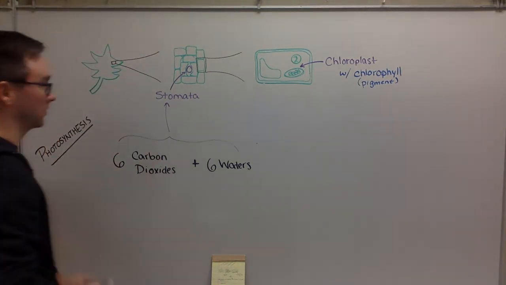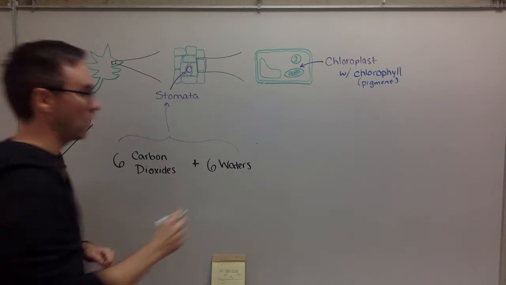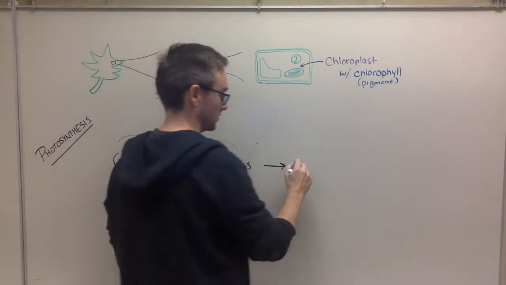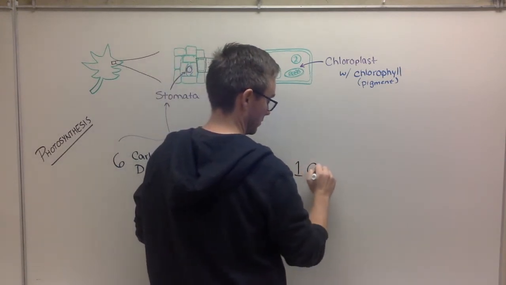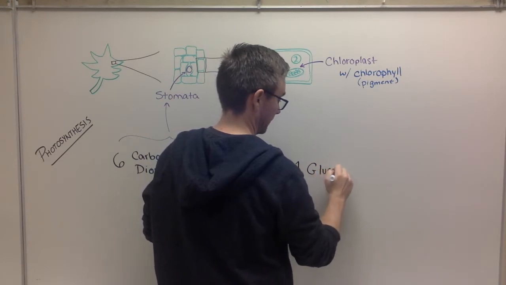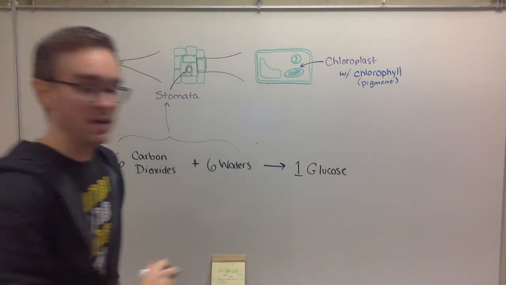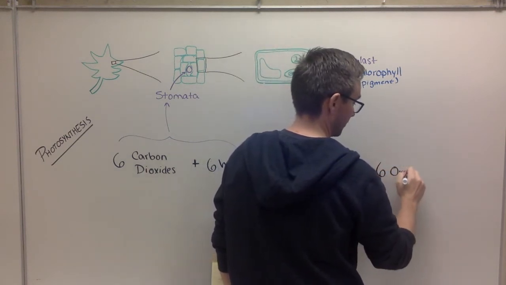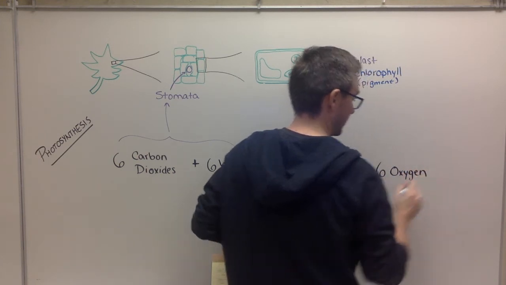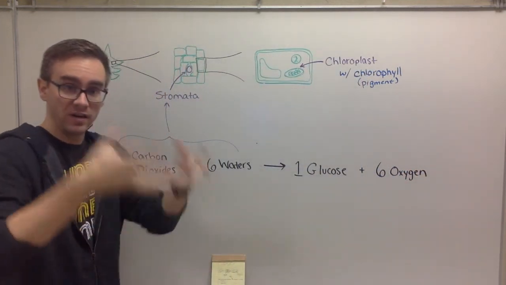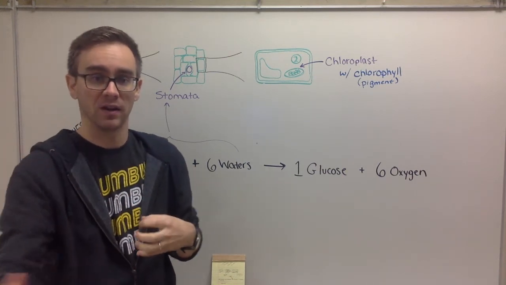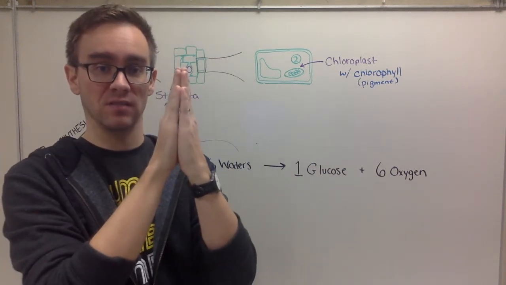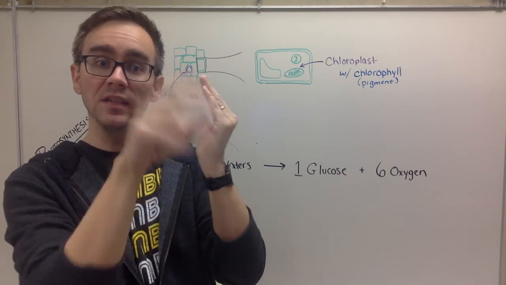So we have our reactants of carbon dioxide and waters to create, or yield, our products of 1 glucose and 6 oxygens. That's those leftovers. Now that oxygen can either be stored and used by that plant cell for the second half of this reaction called cellular respiration, or, depending on the stomata and the concentration, when that stoma opens, oxygen can then be released outside.